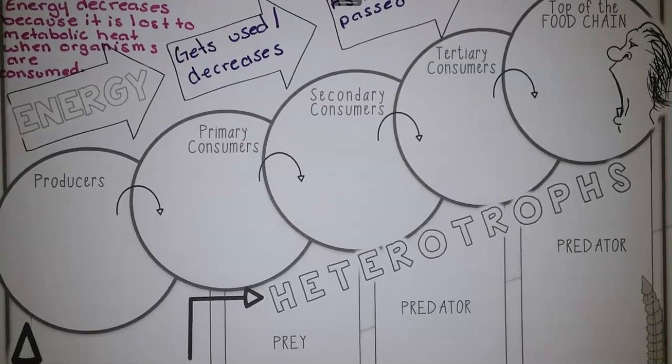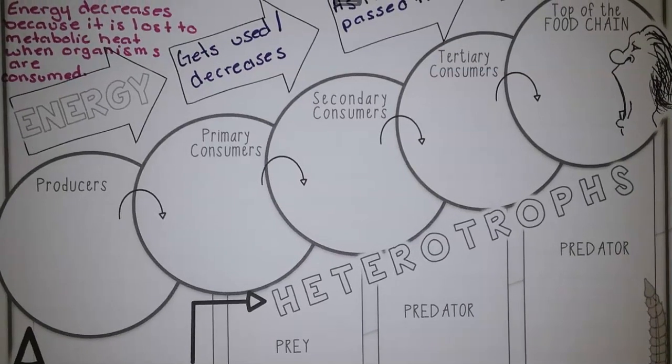In every food chain, we're going to start off with the producers. The producer produces their own food using sunlight.